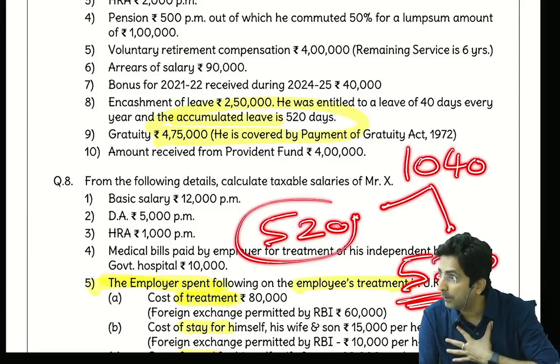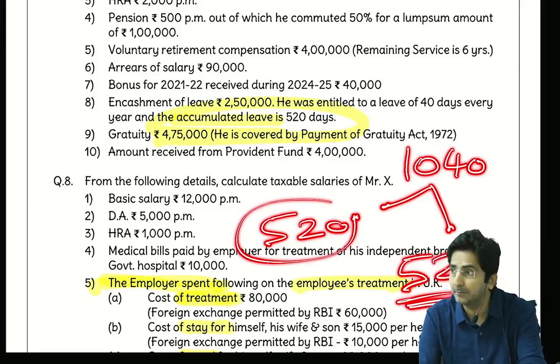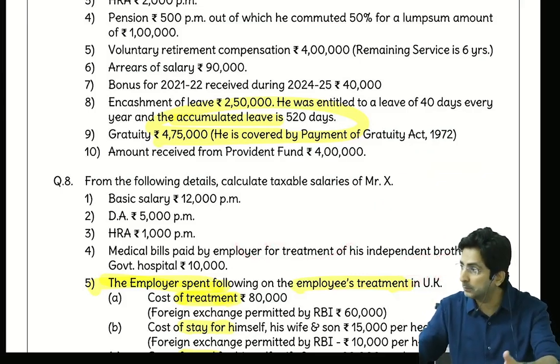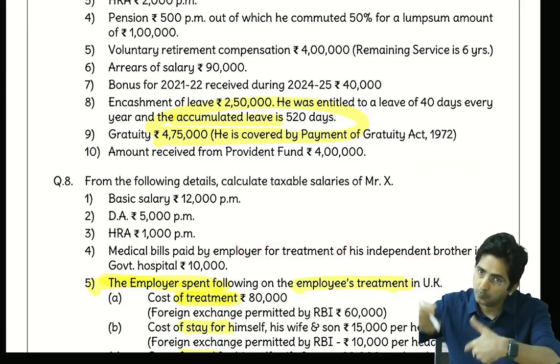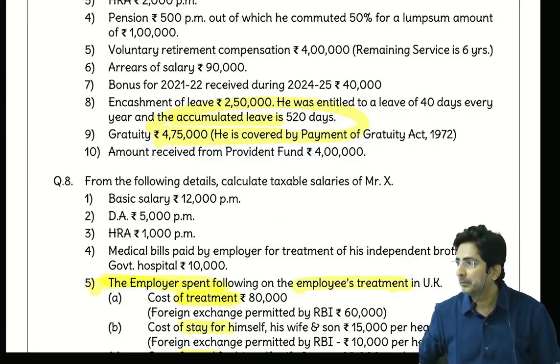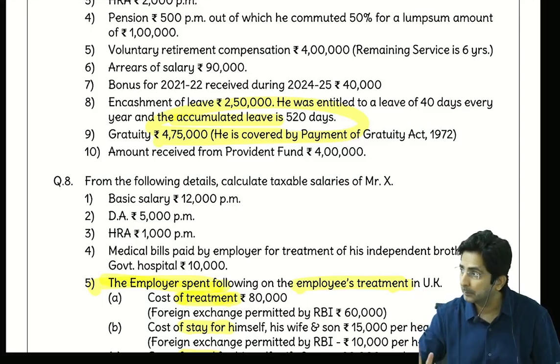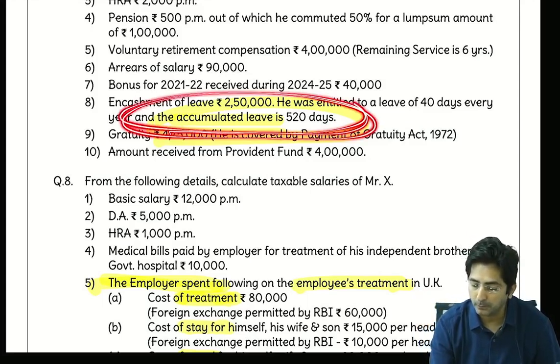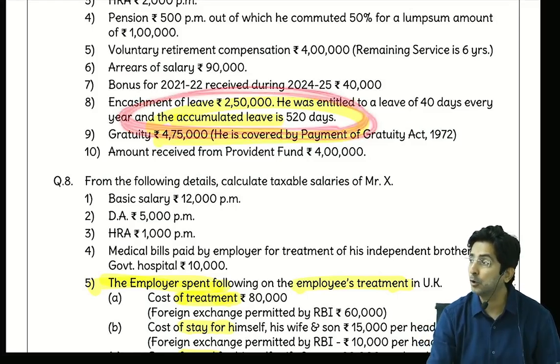The one which I have found. Coincidentally it is the same. So even if you didn't realize the importance of the word accumulated leave, your answer would have been right, but that is a coincidence. That coincidence will not always happen. So the point to be noted was that this amount given, 520 days, was not leave taken.